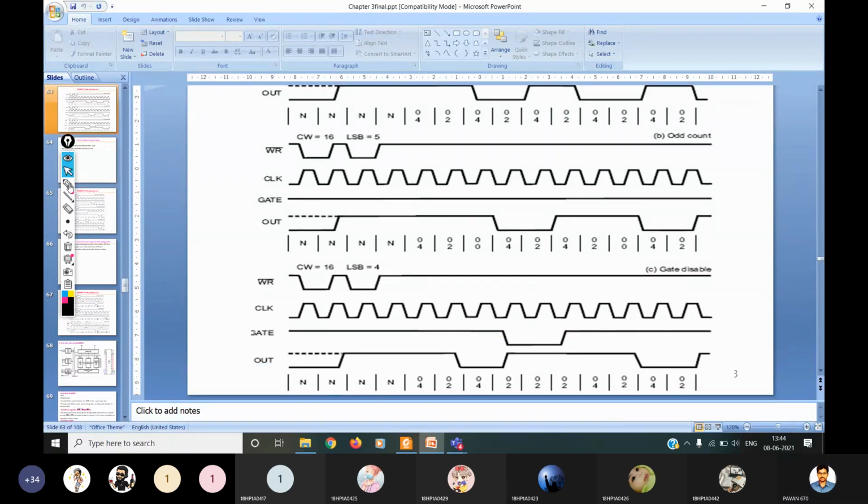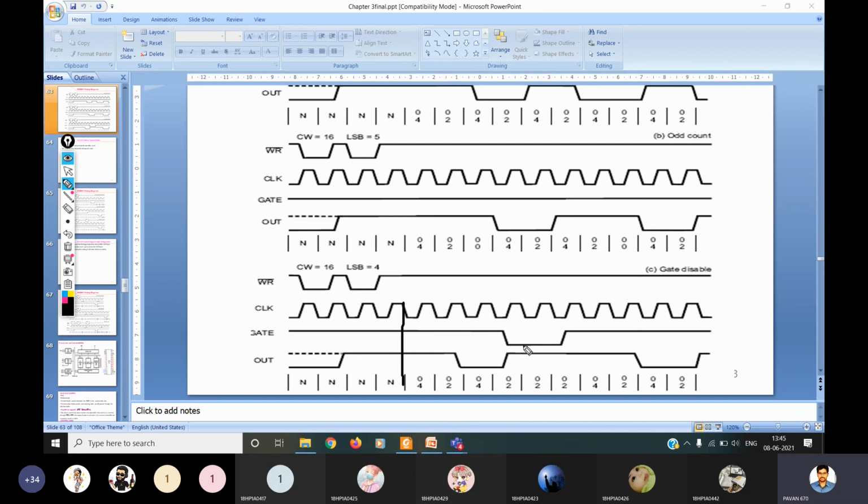Since this value, let us say an even value, is getting loaded, it will take effect in the next clock cycle, at this negative edge reference. That is the basic thing we have been telling from the start. 4, 2, since it is an even value, again for the next 2 values it goes like this. But up to how far? Till the gate is on.